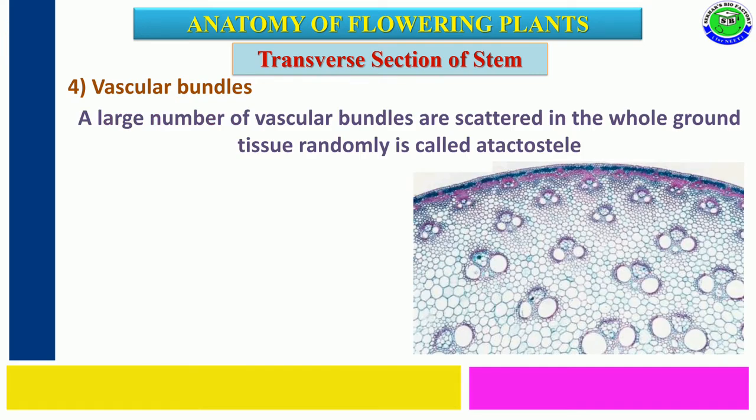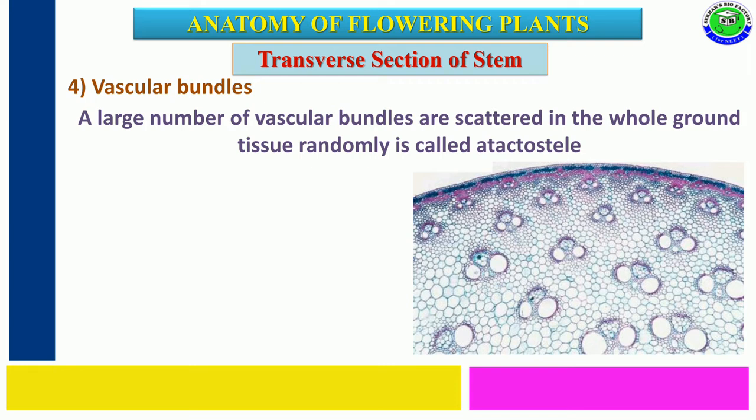We can observe one important feature related to vascular bundles. In the transverse section of a monocot stem, there are many vascular bundles. These are randomly scattered in the ground tissue. That random arrangement of vascular bundles in the monocot stem transverse section is referred to as atactostele.